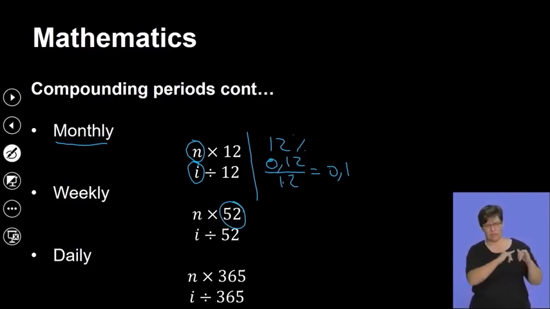And with daily, we normally have 365 days, so you're getting your interest every day. How nice would that be, just to get interest every day? But then we will compare calculations and see whether it would actually make sense to have it on a daily, weekly or monthly basis.